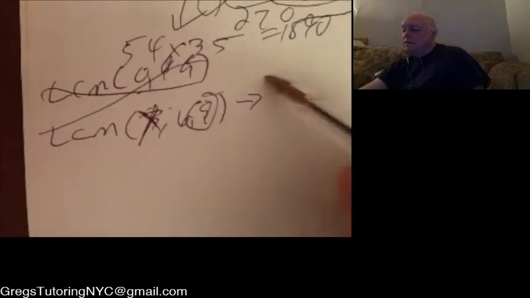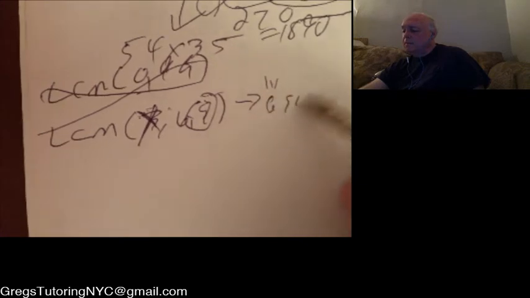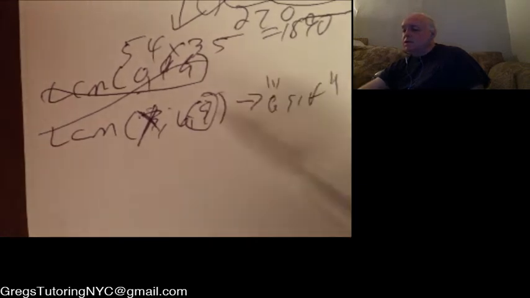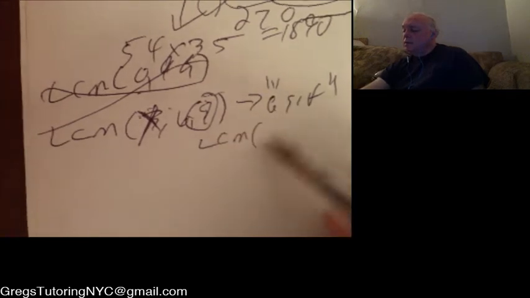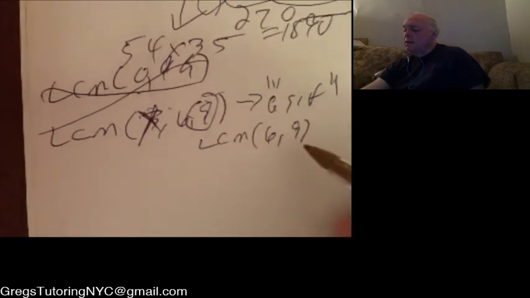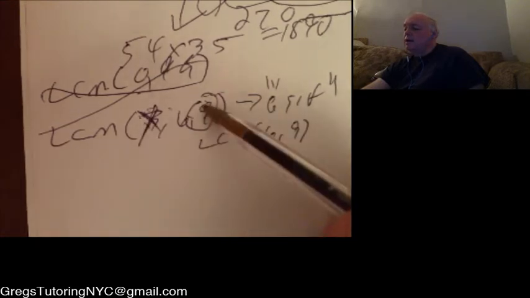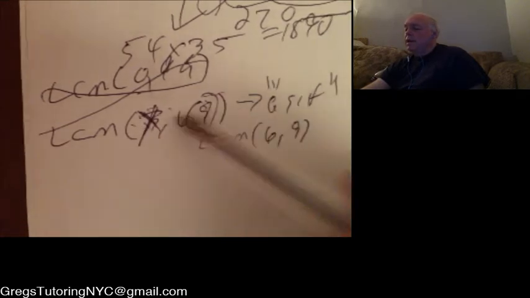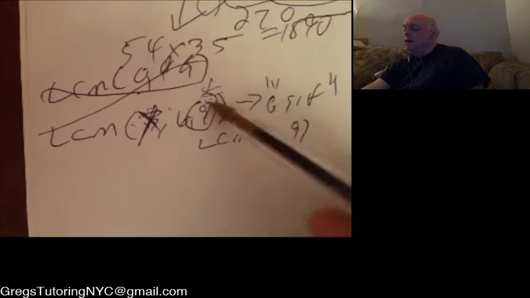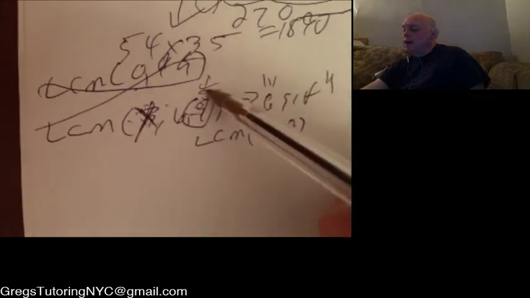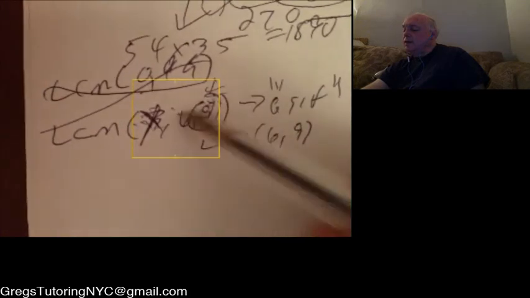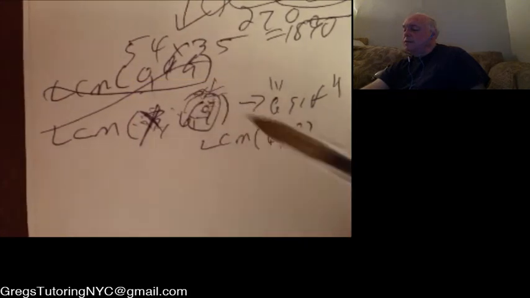So this is a new rule, guys. It's as if we're going to rechange the problem to 6 and 9 now. Because 3 was a factor of 9, we know 3 is cool, so any answer we get that's a multiple of 9, 3 has to be a multiple as well. So now that we have 9, and 3 is a factor of 9, we have to find out what's the factor of the both of these that match.